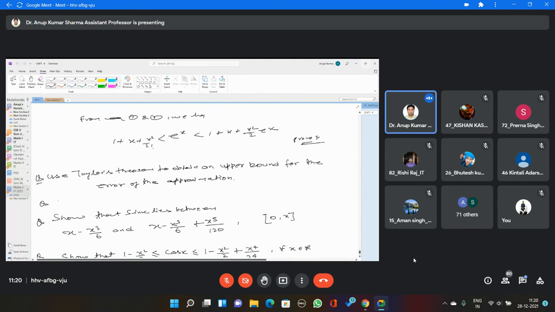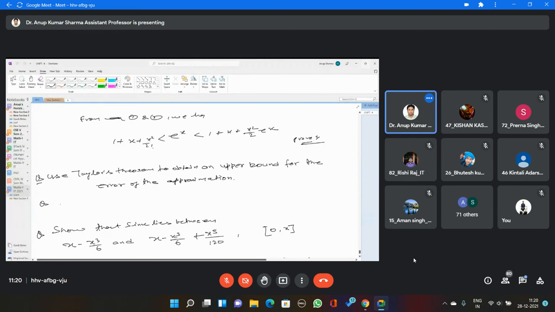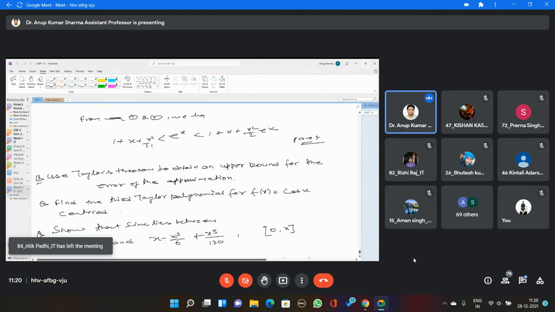One more question; tomorrow I will tell you about it. Find the third Taylor polynomial for f(x) equal to cos x centered about c equal to 5 by 3.